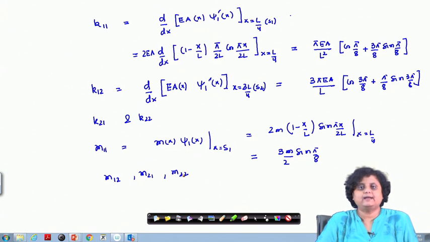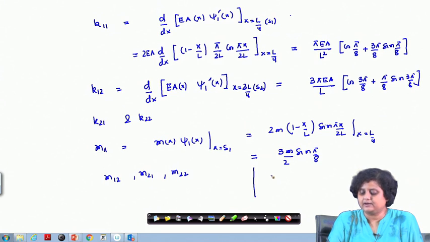Once the K and M matrices are obtained, we can solve the matrix equation, which is very similar to solving the matrix equation for a multi-degree of freedom system, and we will get approximate values.